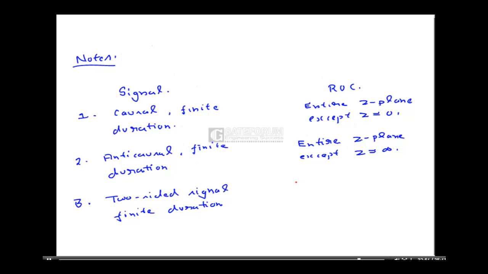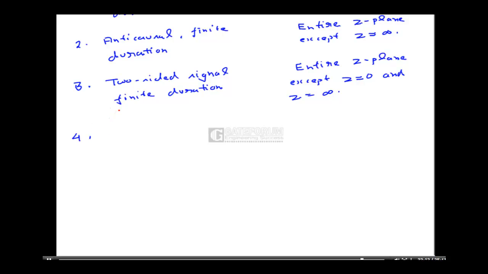Then again it is the entire z plane except z equal to 0 and z equal to infinity. Fourth will be if it is causal and infinite duration.